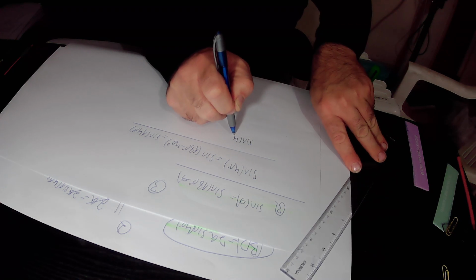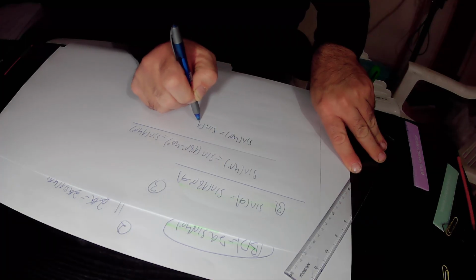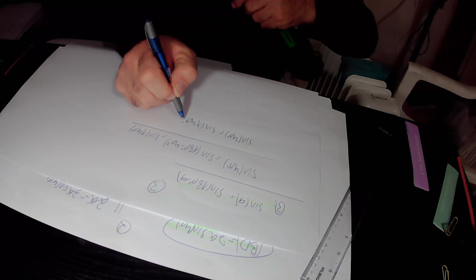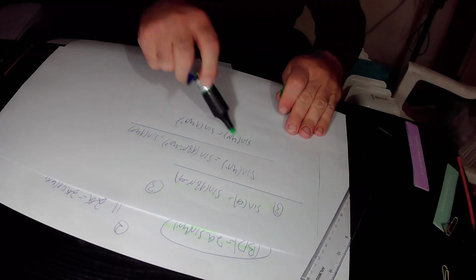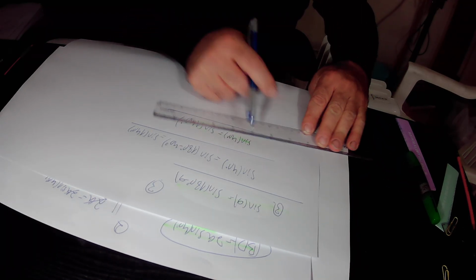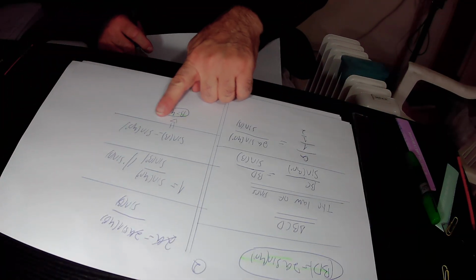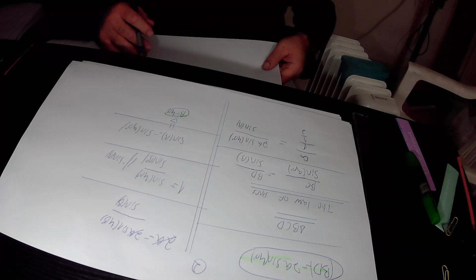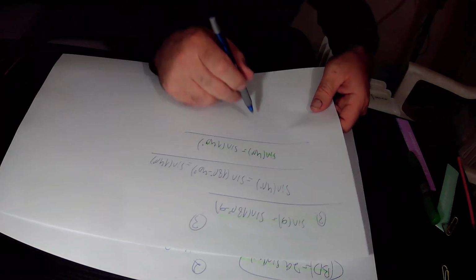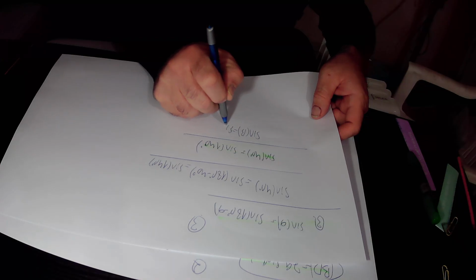Sine 40 degrees equals sine 140 degrees. This is according to this first trigonometric identity. But we already found out that sine beta equals sine 40 degrees.